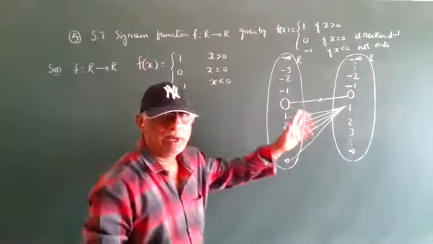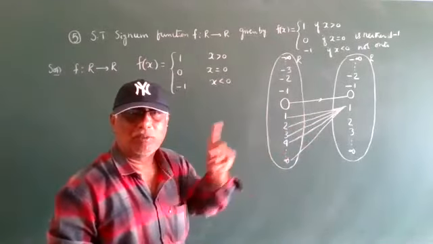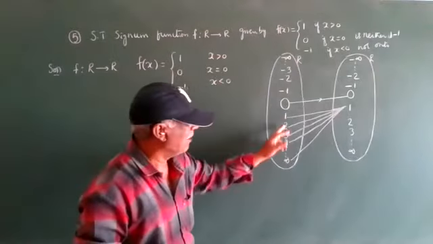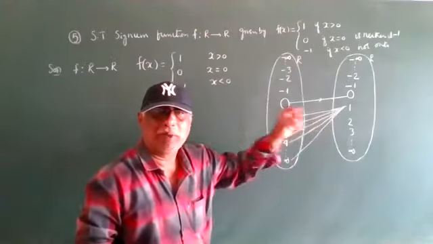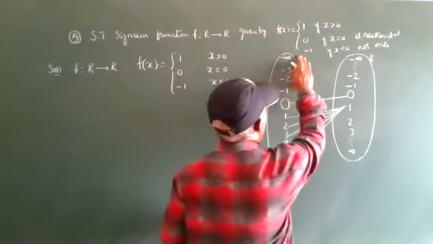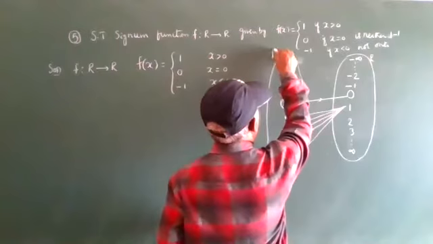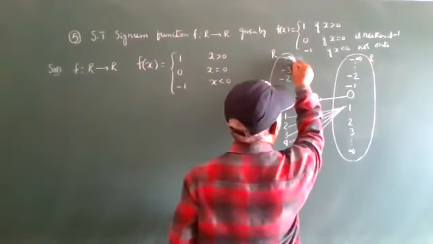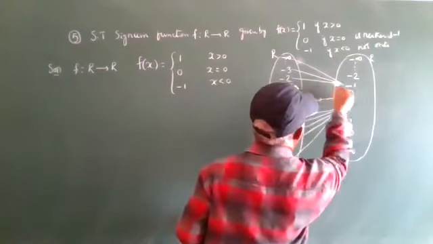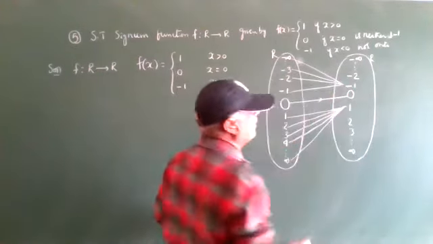So different elements have no different images. Many elements have the same image. Therefore, it is not one-one. All the negative values are represented by minus 1.